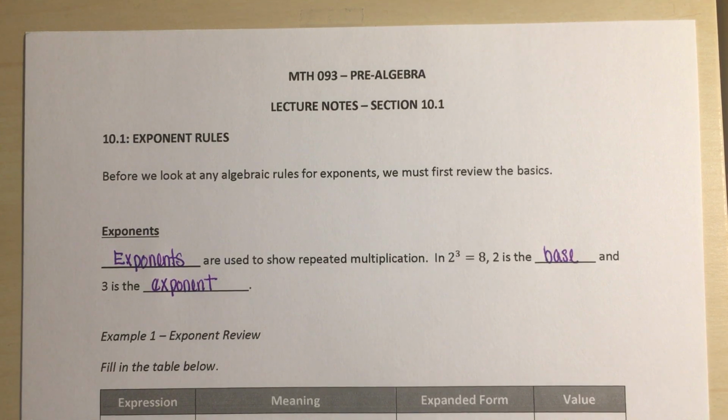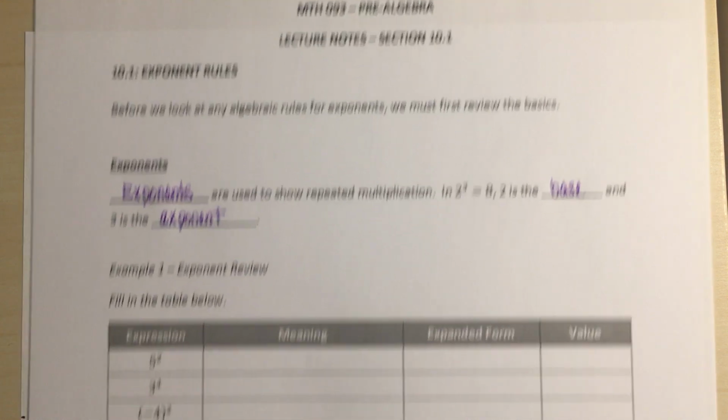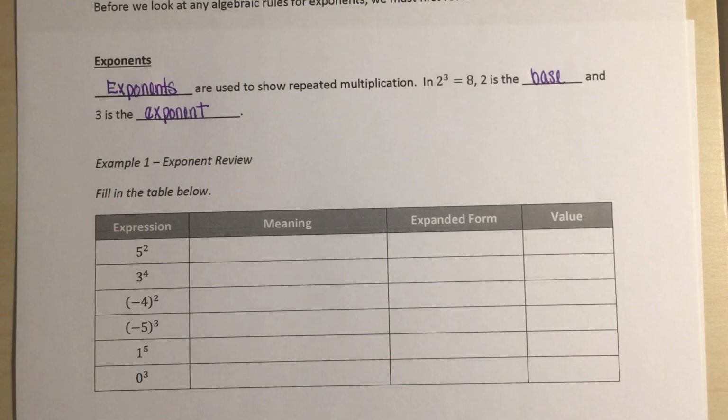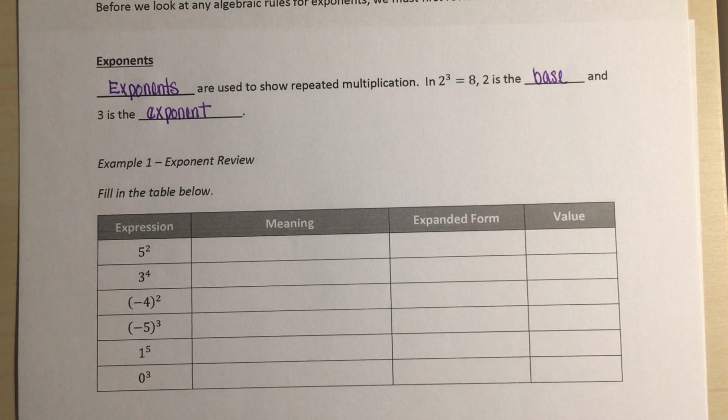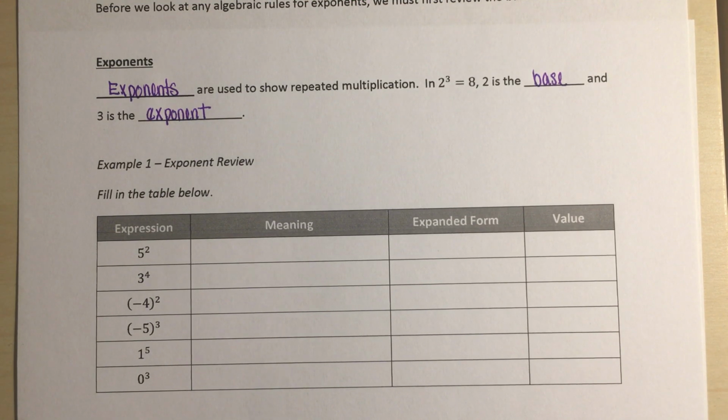All right, so to start with, we're going to fill in a table here. We're going to talk a little bit about our meaning of our exponential expressions, write them out in expanded form, and then calculate our value for those exponential expressions. All right, so our first expression is 5 to the second power, which we generally say is 5 squared.